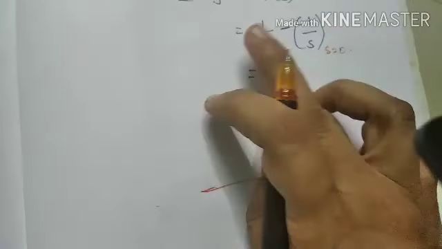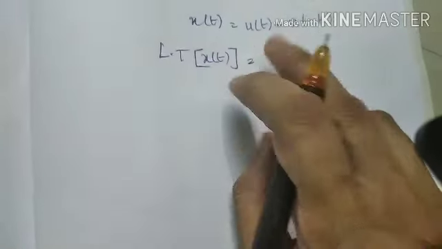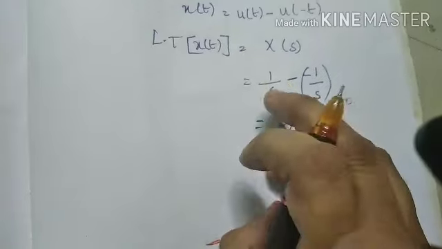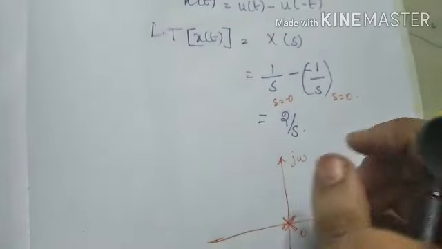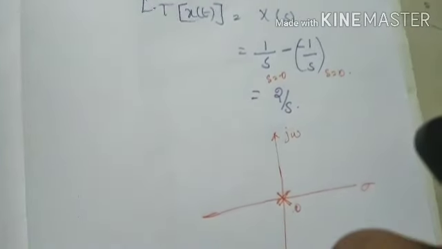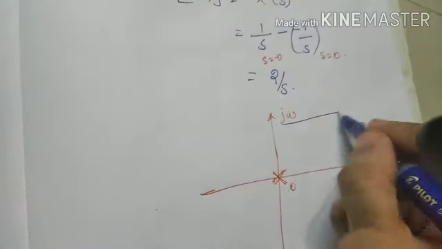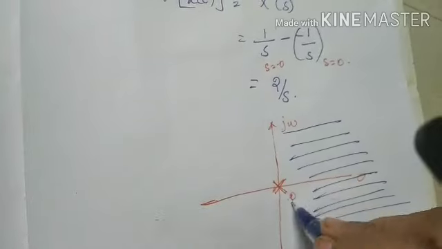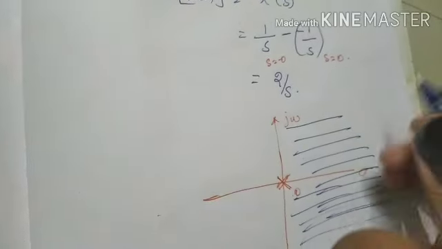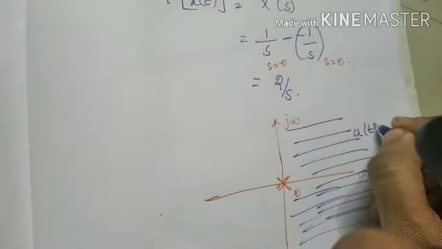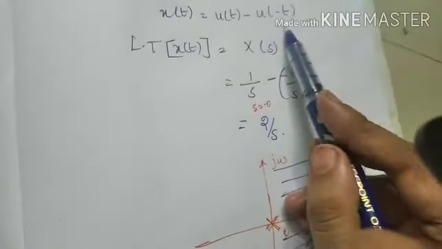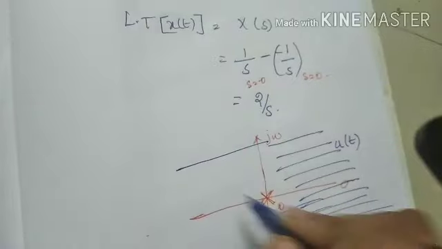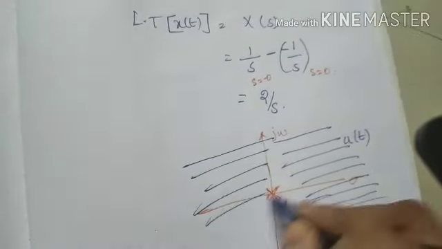Now for the first signal, u of t is a right sided signal, so the region of convergence will be on the right side of this pole. This is for u of plus t.